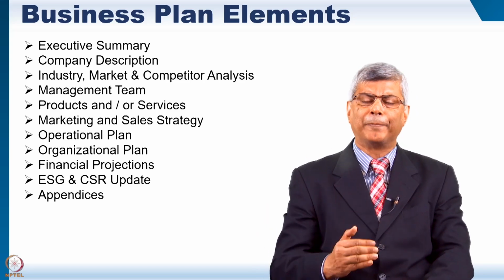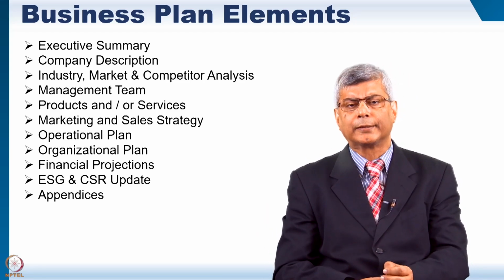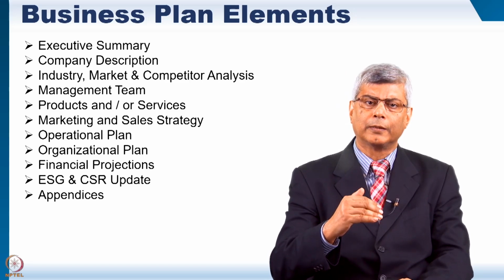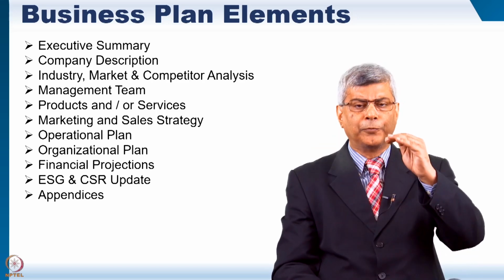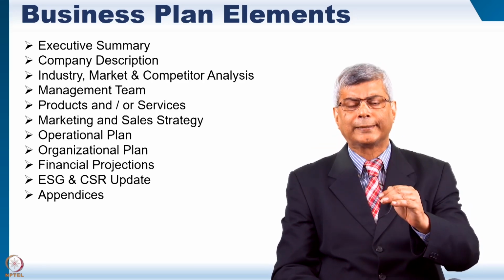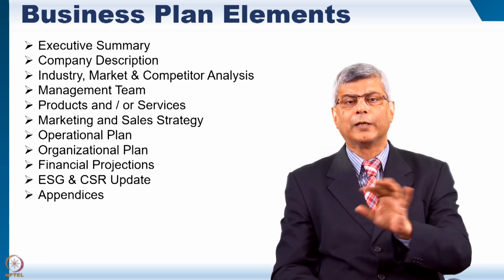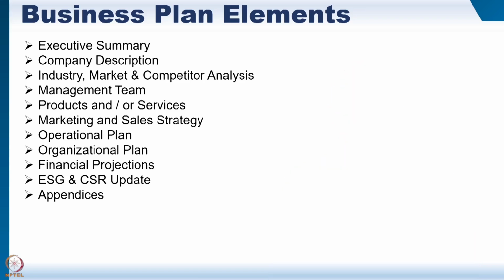It may also have a lot of appendices which has all details apart from the summary that may be in the main plan document. And if you look at it, you'll see that these are all, as I said, different modules and different topics that you've already heard me speak about.